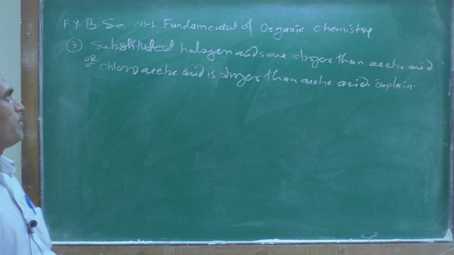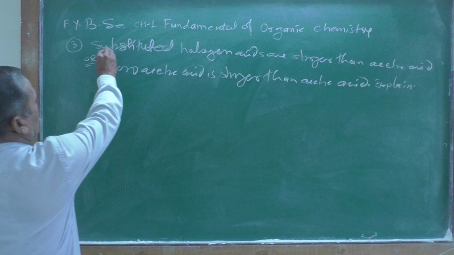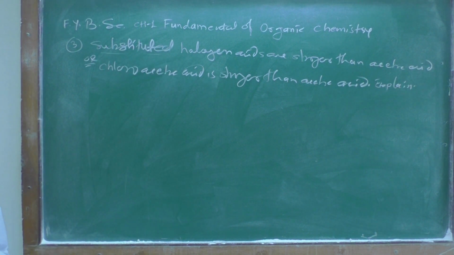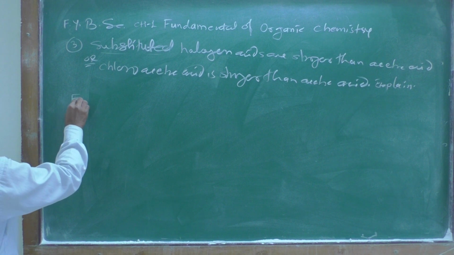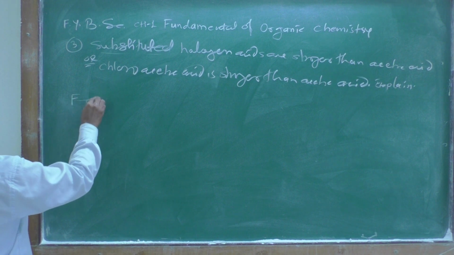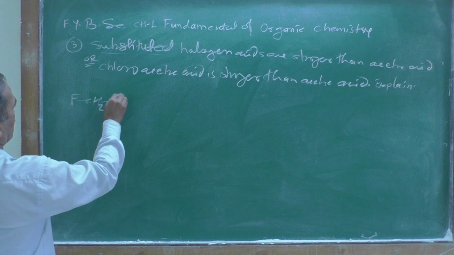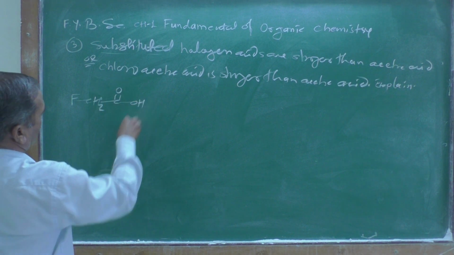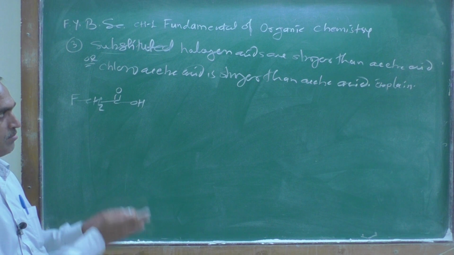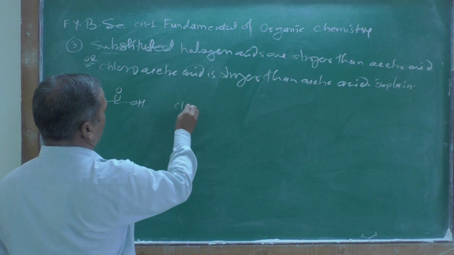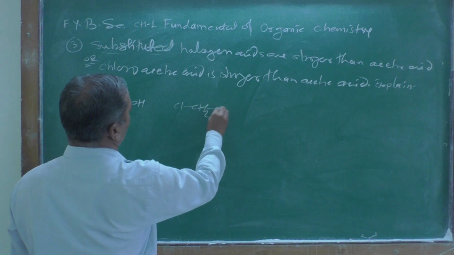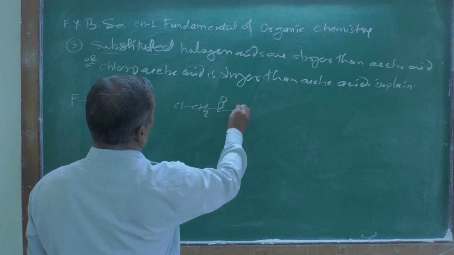So let us see some of the substituted halogen acids. For example, F, then CH2, C double bond O, OH. This is one of the structures I have drawn here. Let us see Cl, CH2, C double bond O, OH.